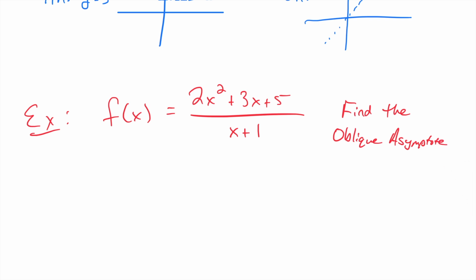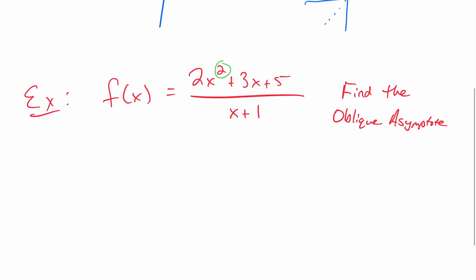We can see that we are precisely in that category: the degree of our numerator is 2, and the degree of our denominator is an understood 1. So the degree of our numerator is exactly 1 more than the degree of the denominator. So how do we find the oblique asymptote? You must use polynomial long division.